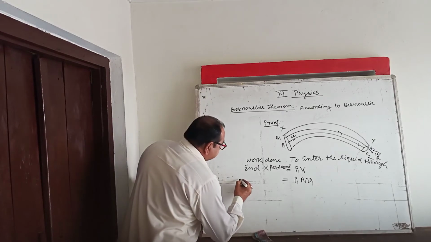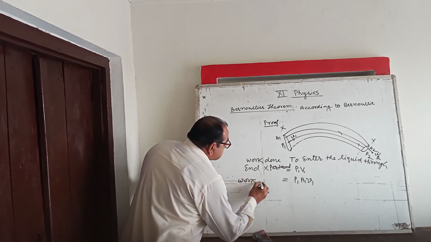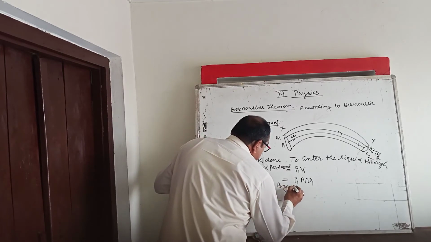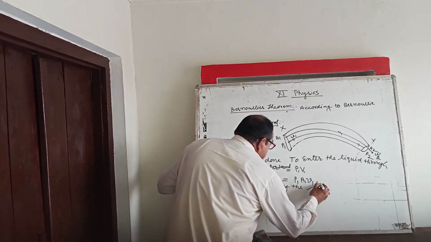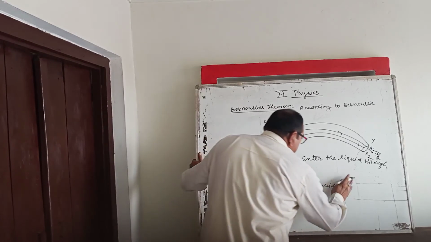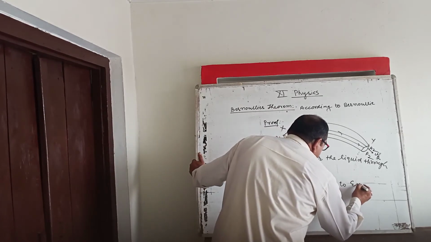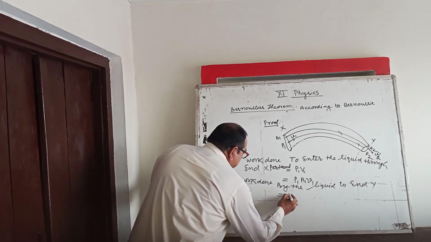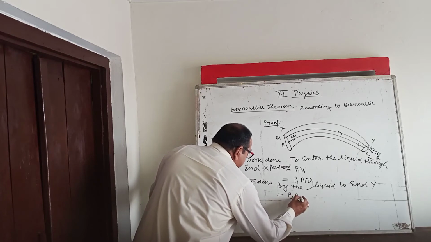Work done by the liquid to leave at end Y is equal to, in the same formula, P2 A2 into V2.